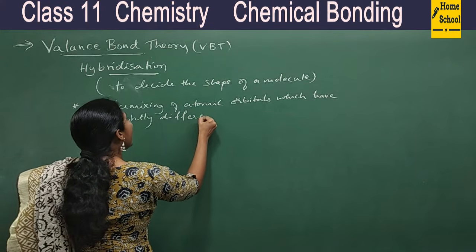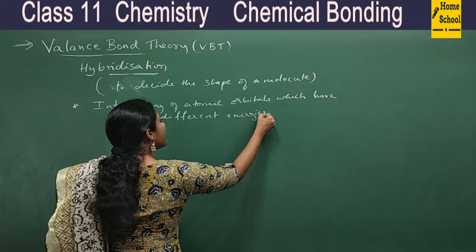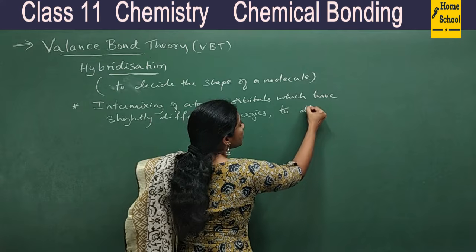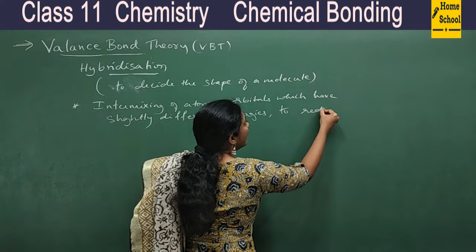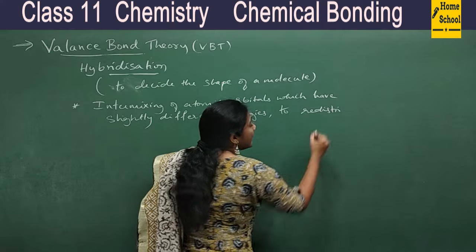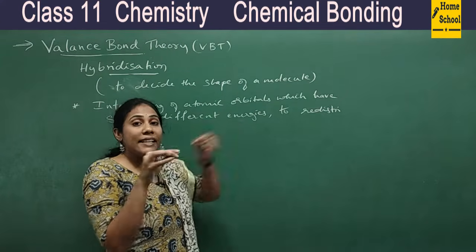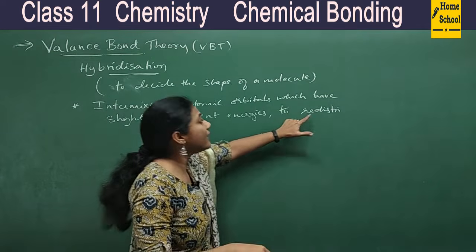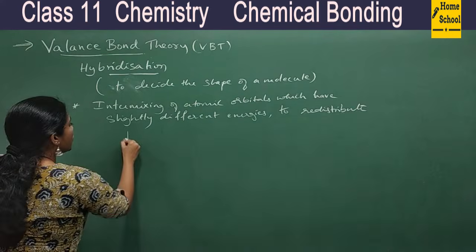Why do they have to intermix with each other? It is to redistribute energy. They initially have different energies, so these atomic orbitals intermix so that they share their energies equally. They redistribute their energies.